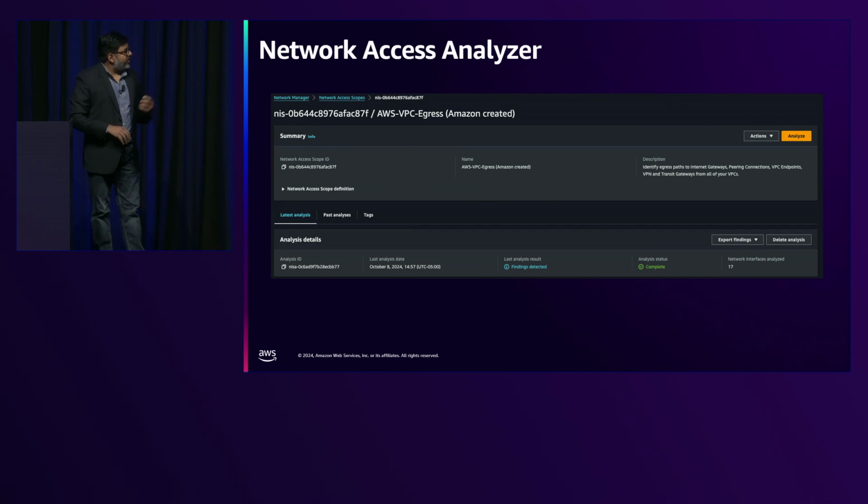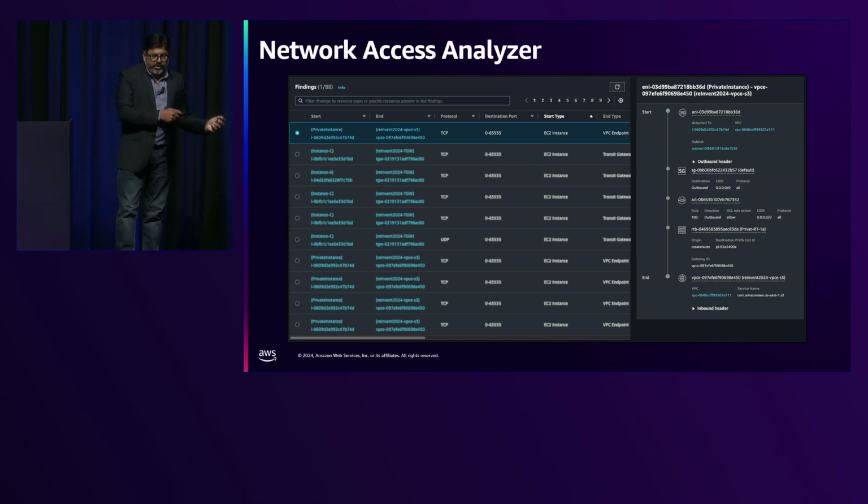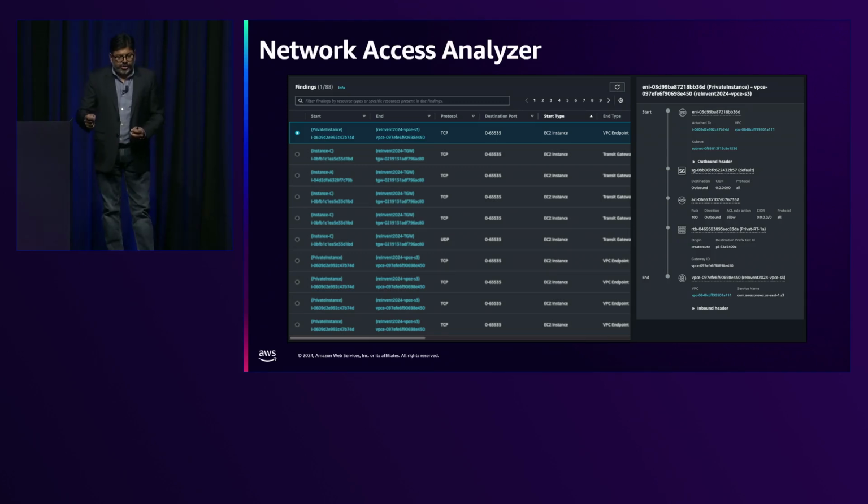In just a few minutes, once you analyze this traffic, you will get a display for every source and destination resource that has connectivity, showing paths from your ENI in your VPC to IGW, TGW attachments, or VPC endpoints, and so on. For each finding, it also provides the detailed hop-by-hop path for source and destination, giving you full visibility into how the traffic is flowing through your network. In addition to these 4 default scopes, if you want a different scope, you can create a custom scope as well.